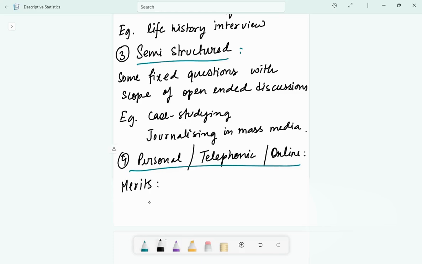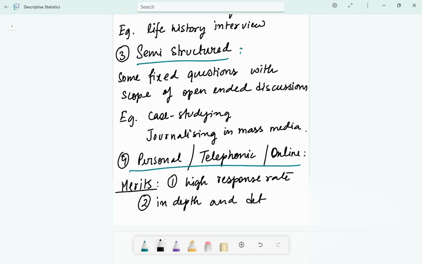The merits are high response rate due to personal interaction. Next will be in-depth and detailed data collection.